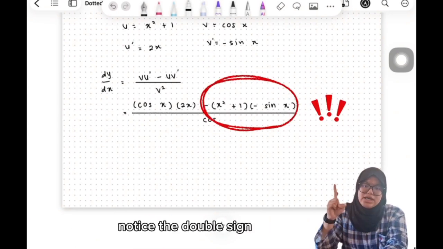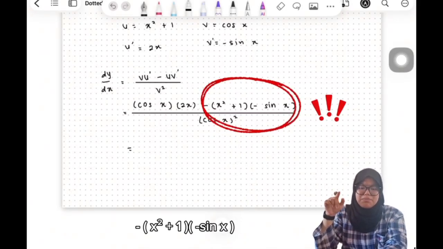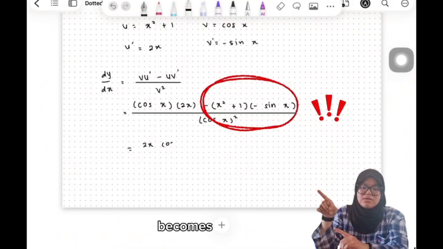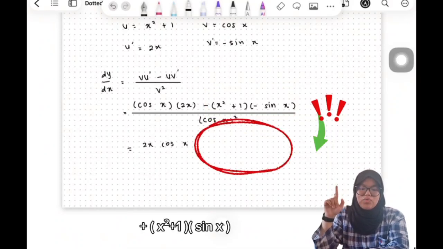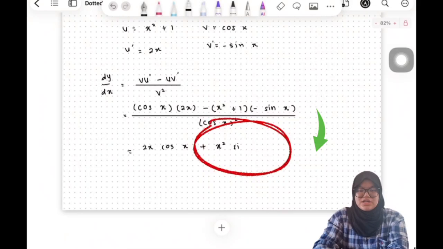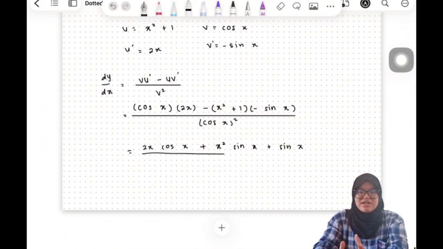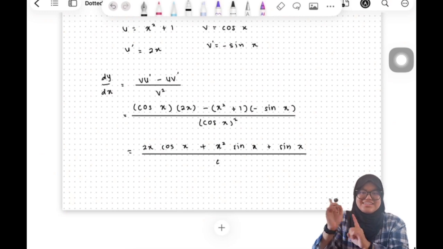Notice the double sign in the second part: minus (x squared plus 1) multiplied by negative sine x becomes plus (x squared plus 1) sine x. So when we simplify the sign, the final answer we get is this.